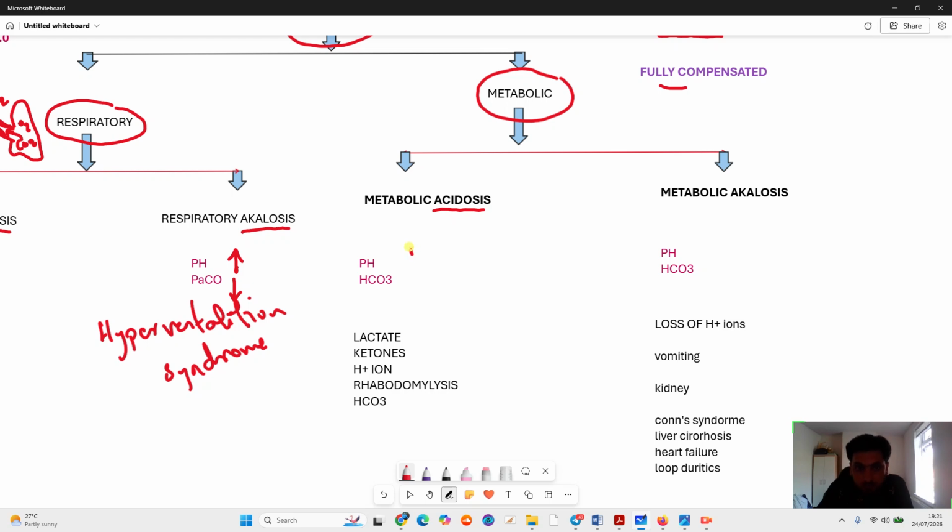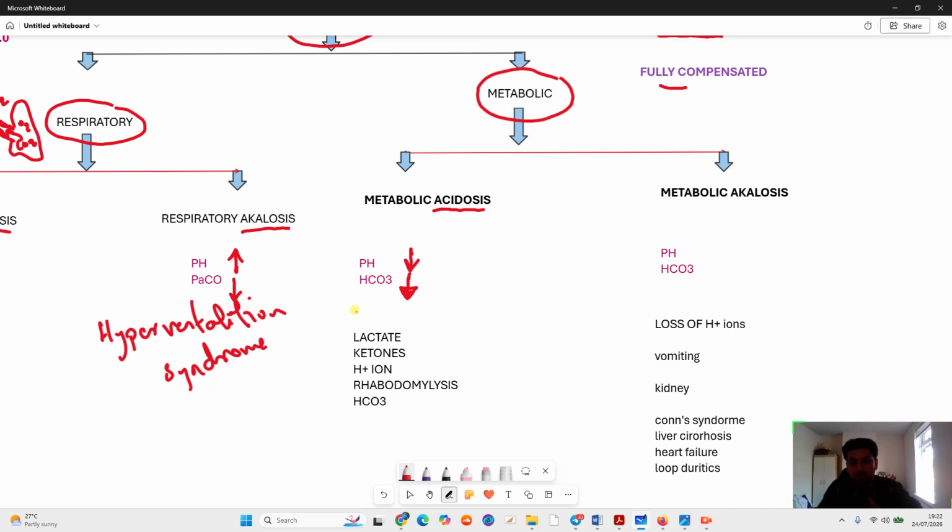So in an acidosis condition, the pH will be down. And what will happen to bicarbonate? The bicarbonate level will be down as well, because we know the function of the bicarbonate is to neutralize the hydrogen in our body.